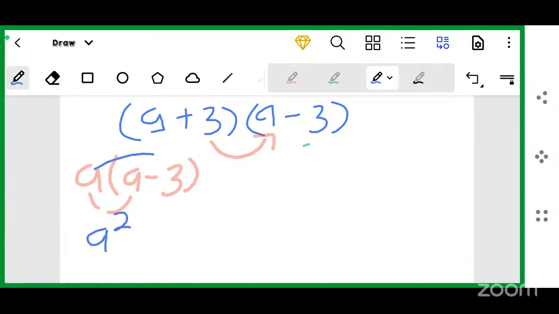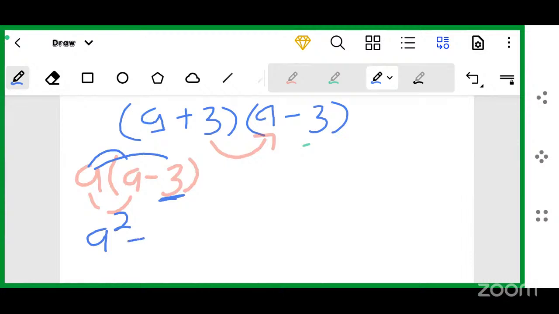What is a multiplied by negative 3? Is it a to the power of negative 2? Oh no, now you are multiplying a and negative 3. Is it going to be negative 3a? Perfect.